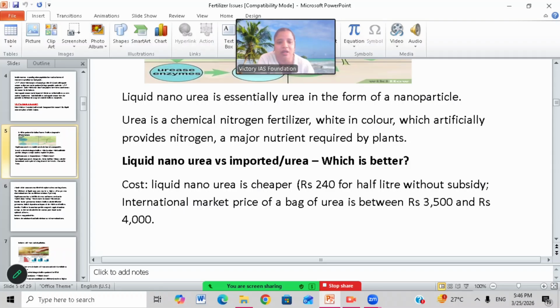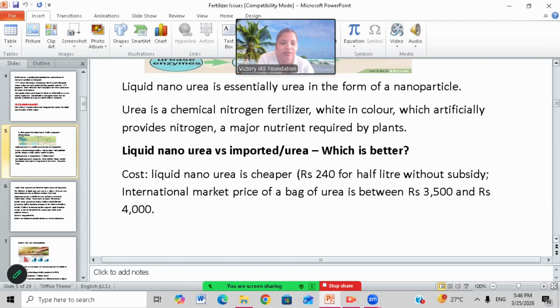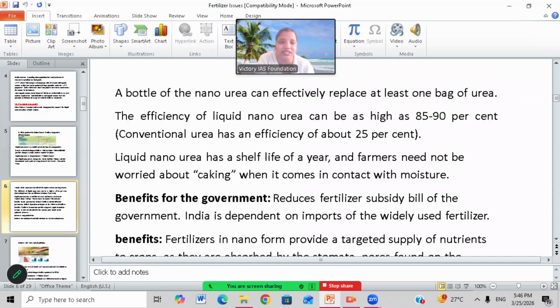Means straight away you are saving 9 times the cost of urea. Okay, and this is also without subsidy. If subsidy is given, the rate goes still lesser. So a bottle of nano urea can effectively replace at least one bag of urea. Means in 400 cost you are replacing 4,000 expense.